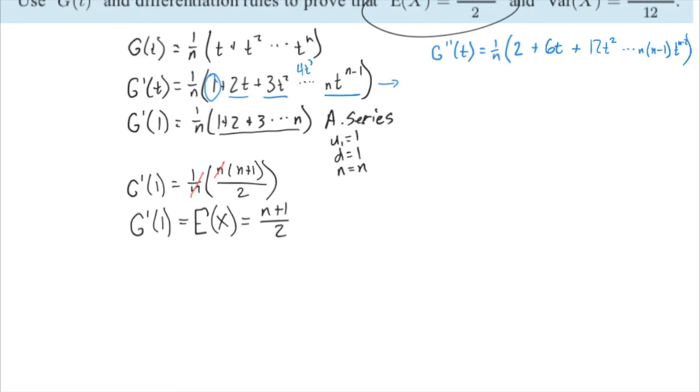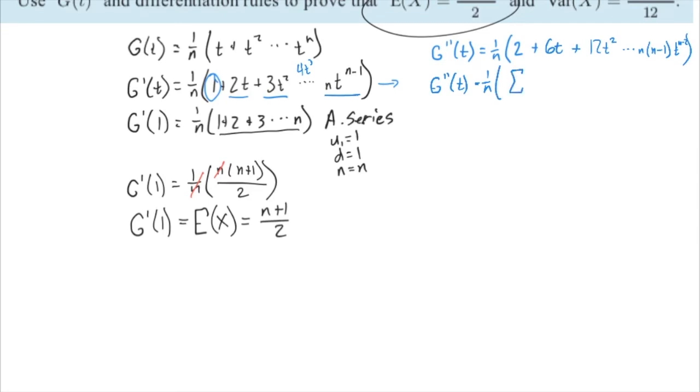Now, from there, we do want to simplify that a little bit, so that we can deal with it a little bit easier. We're going to turn it into a sigma, because there are just a lot of things going on there. So we're going to rewrite this as g double prime of t equals 1 over n, and I am going to try to turn this into a summation.